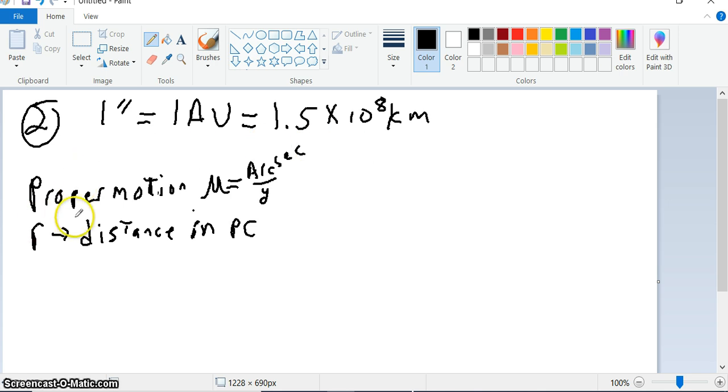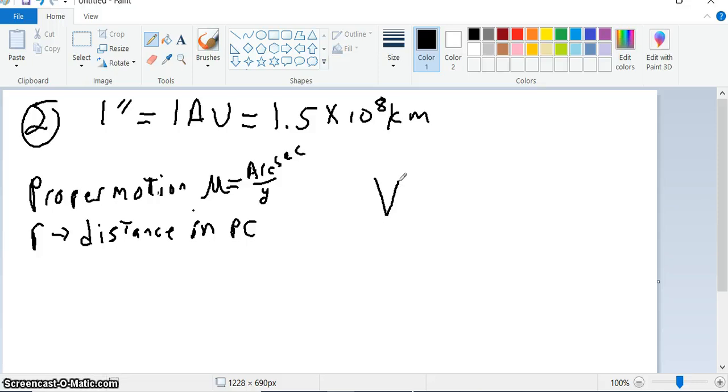There's a couple other terms that we need to talk about. The proper motion is usually given the symbol mu, the Greek letter mu, and the value that you're given is usually in arc seconds per year. And then r is the distance in parsecs. And so the velocity, this is the important equation. What are they looking for?